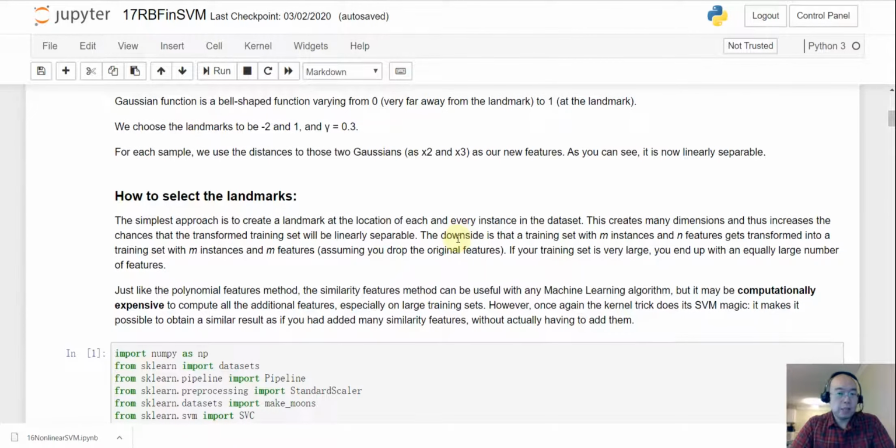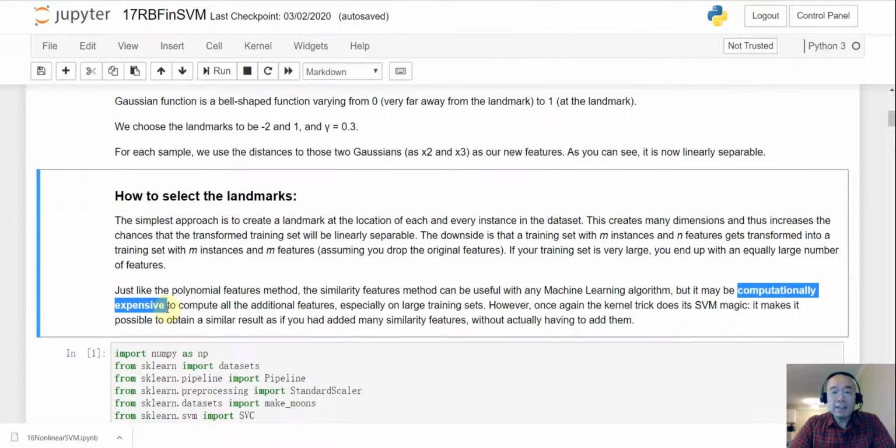The point is, this is again going to be computationally expensive, because if we have n samples, we have to draw n Gaussian curves, and for each sample we have to calculate the distance between that sample and the n Gaussian curves. So we are introducing an additional n by n matrix to the existing feature space. That's really a lot, because n is the number of the training samples.